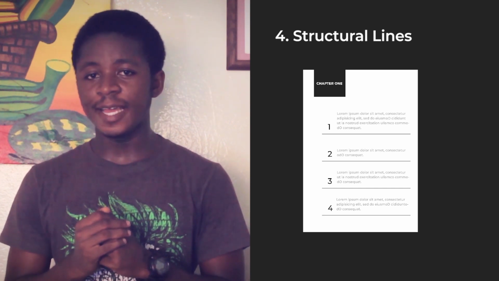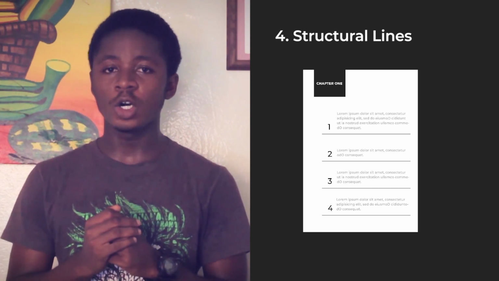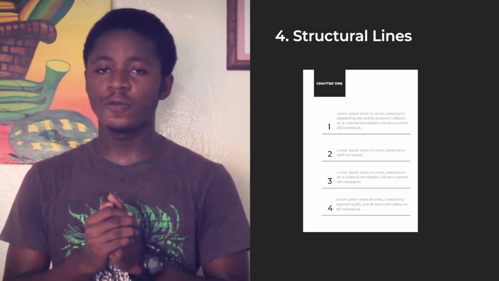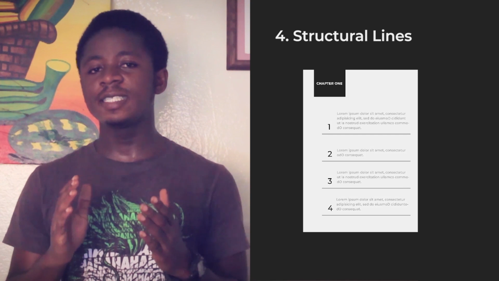The second lines there are used to number or to clearly structure the number on the page from 1 to 4. In this example, you clearly see how lines are used as function in the design. These are the four basic functions of a line: border line, decorative line, dividing line, and structural line.